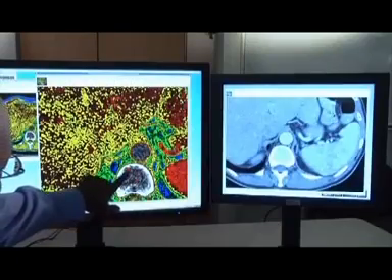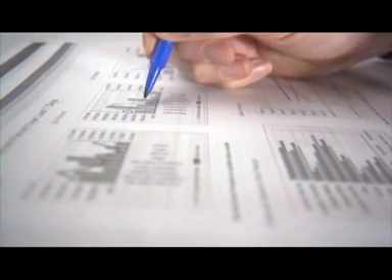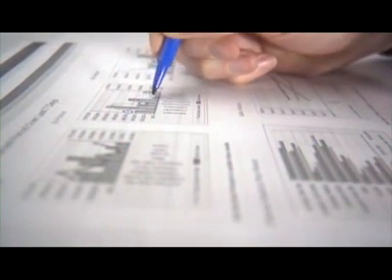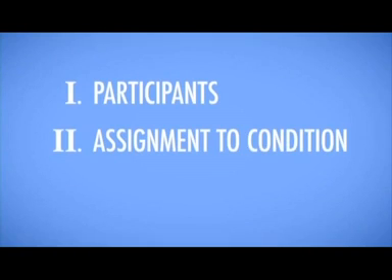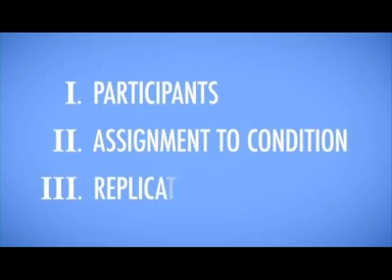Let's examine elements of research design that will strengthen the accuracy of your own research and help you watch for possible pitfalls when reading published research findings. Specifically, we will talk about issues in selecting participants and assigning them to experimental conditions, as well as the importance of replication of results.